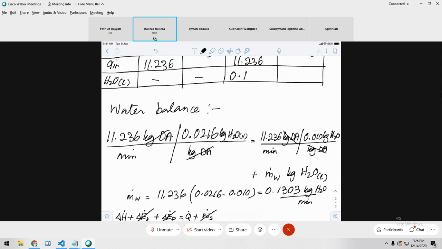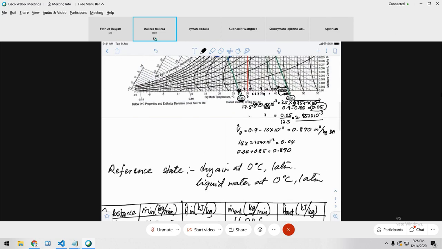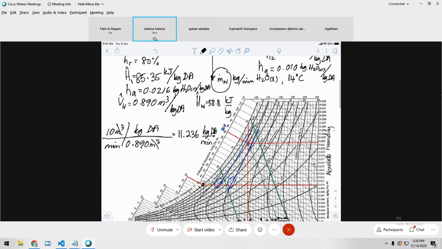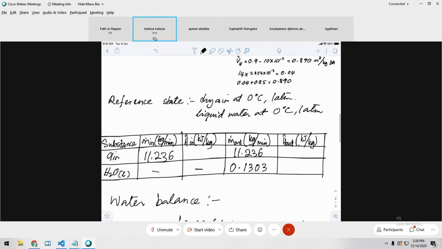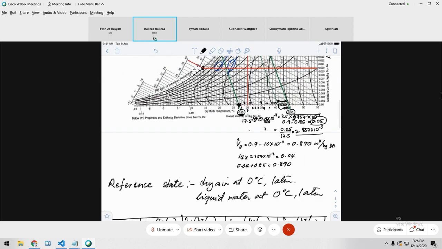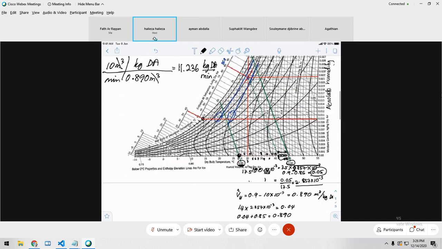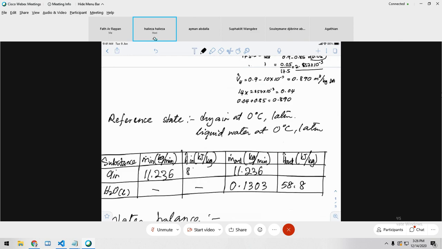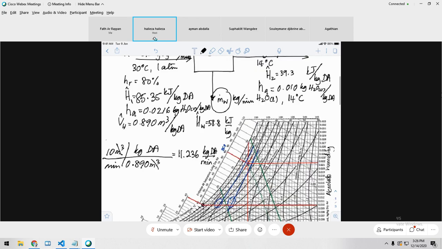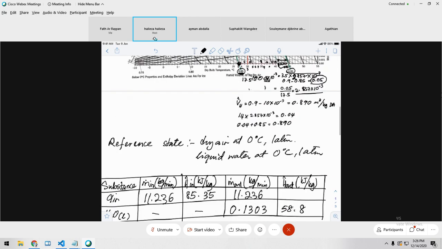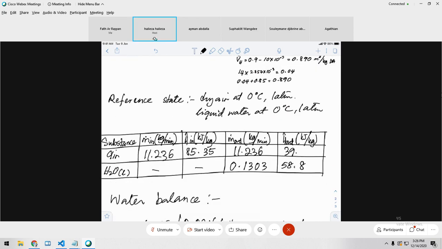And the enthalpy for water, we looked up in the appendix, that is 58.8. What enthalpy did we get for our inlet A? 85.35. For the outlet, we got enthalpy 39.3. Okay, now we are done.